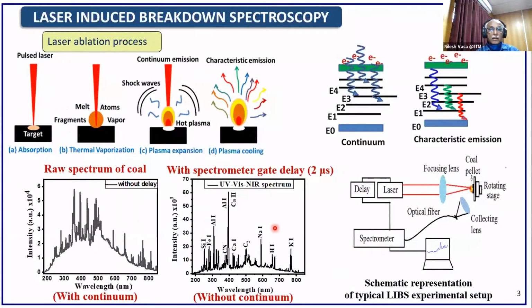Now, before we go into details, for those who are new to this approach, the technique basically utilizes a nanosecond pulsed laser. We can use even a short pulse laser.